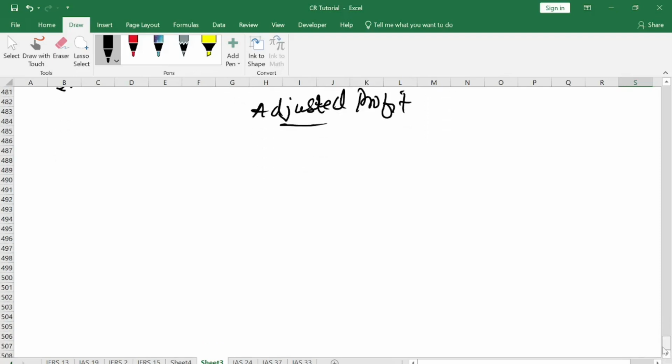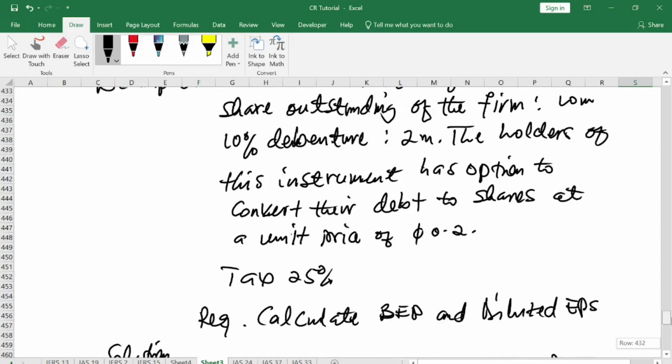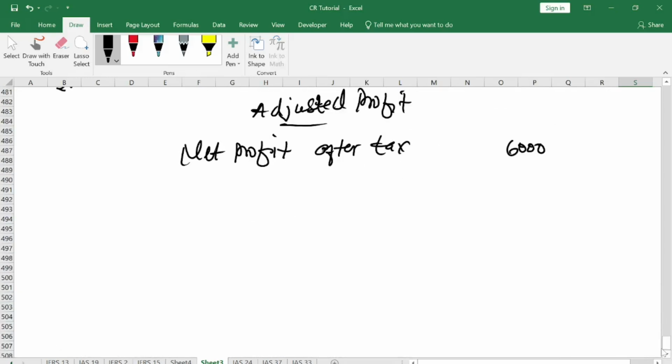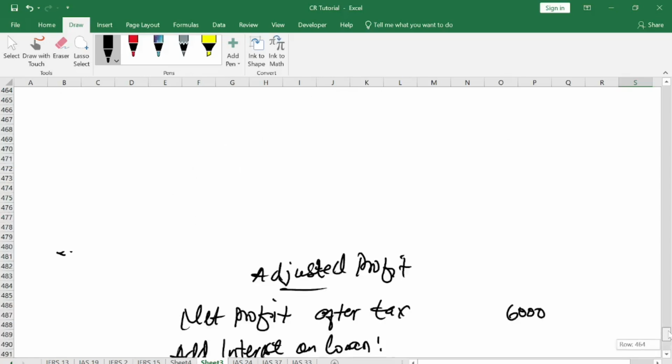You have your net profit after tax, which is 6 million. Then you add interest on the loan note. The loan is 2 million, which is 2,000, at an interest of 10%.